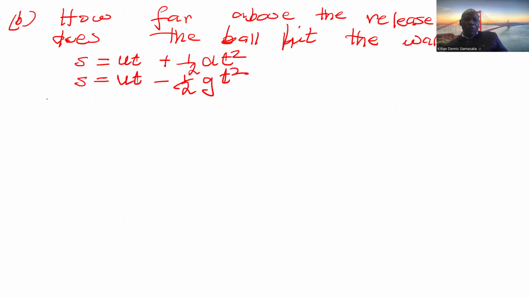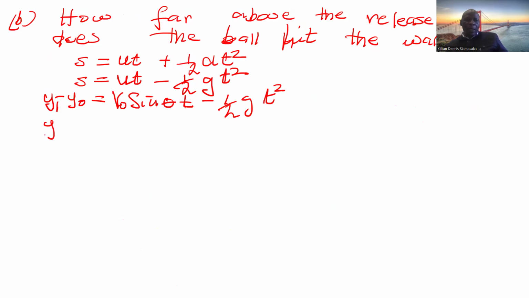And so we're going to have y1 minus y0 equal to, if you take the vertical component, V0 for the vertical component, since the ball is moving upwards, V0 sin theta multiplied by time, which is this time, minus half g t squared. And therefore, we can make y1, which we are interested in, the subject.